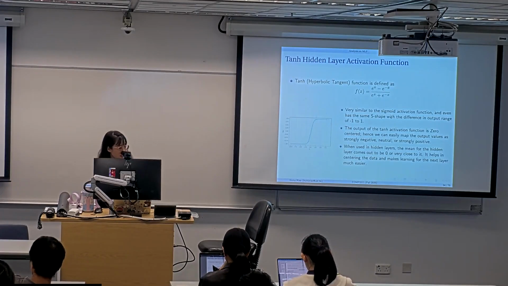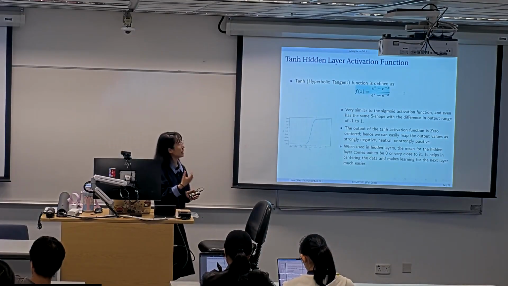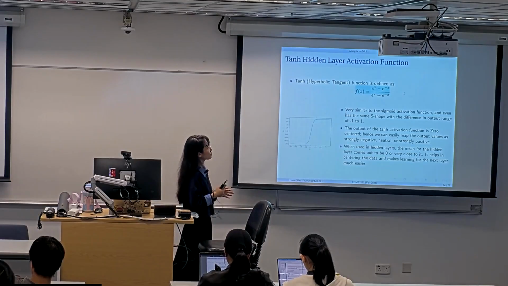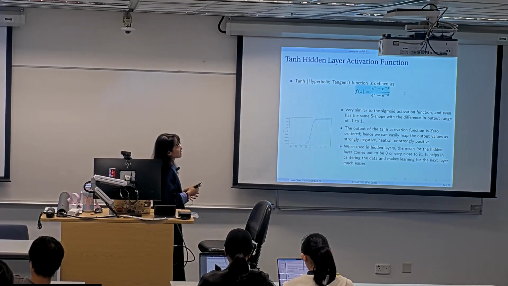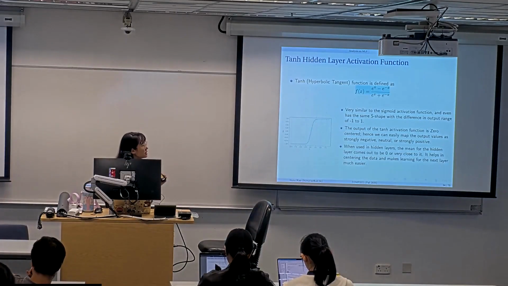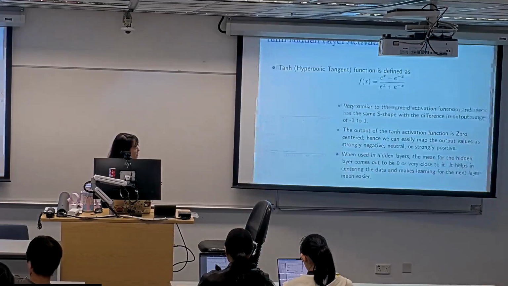The mathematical formula is exponential of x minus exponential of negative x, divided by exponential of x plus exponential of negative x. This is called the hyperbolic tangent. If we plot it, we find something like this.